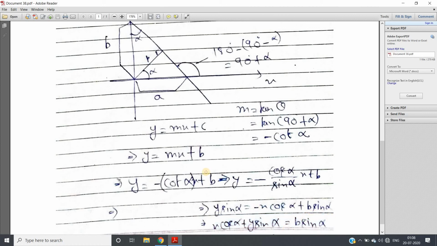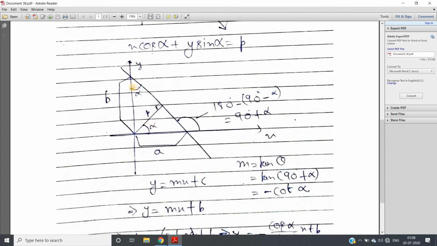Now what is this b sin alpha? Just try to understand. Consider this particular triangle. Observe the mouse pointer. This is 90 degree angle, this is p, which is the perpendicular length, this is our base, and this is nothing but the hypotenuse of this right angle triangle. Now this angle is alpha, so we can say sin alpha equal to perpendicular length p by hypotenuse length b.